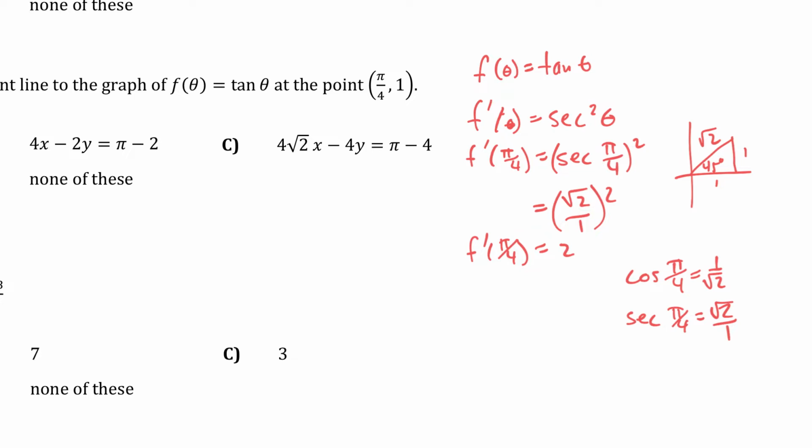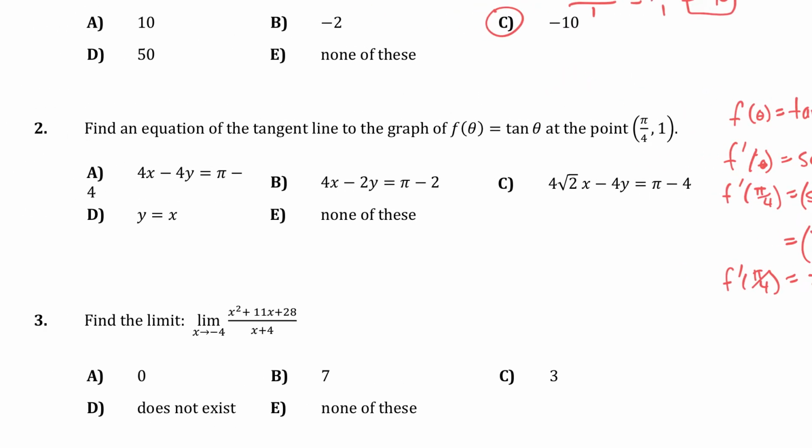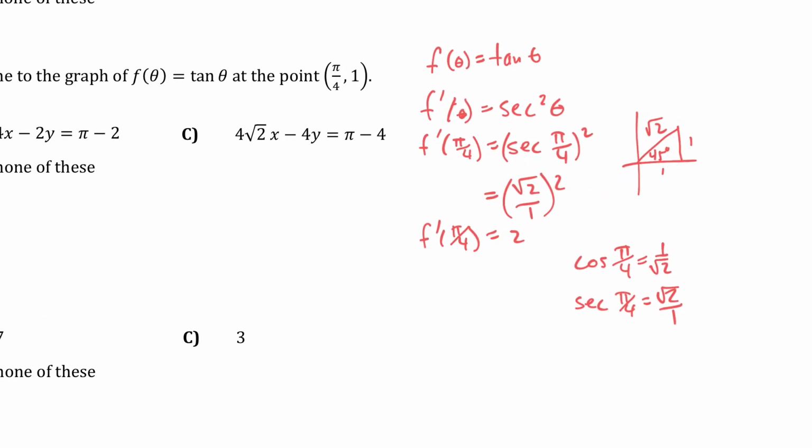Now, what does it mean that f prime of pi over 4 is 2? That means the slope of the tangent. So we're asked to find the equation of the tangent line. Since we have a point and we have a slope, let's use point-slope form, which, if you may remember, is y minus y sub 1 equals the slope times x minus x sub 1.